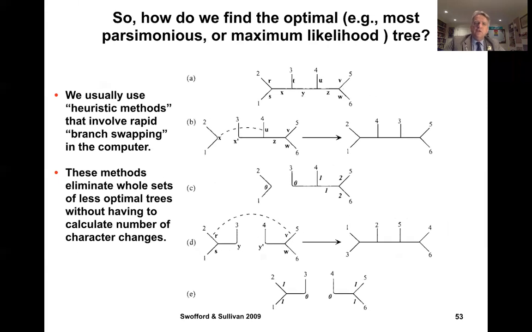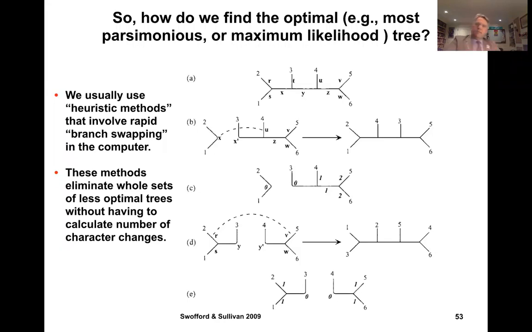We do that by using algorithms that we call heuristic methods and branch swapping. These algorithms take these more complicated phylogenetic problems and break them up into smaller problems and bring them back together. One of the benefits of these methods is that it allows the algorithm to eliminate whole ginormous sets of less than optimal trees.